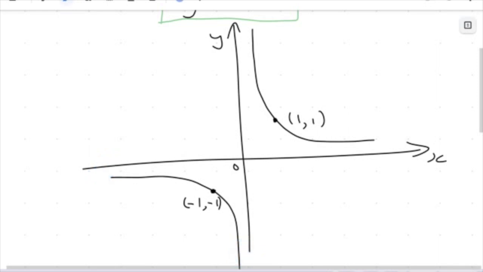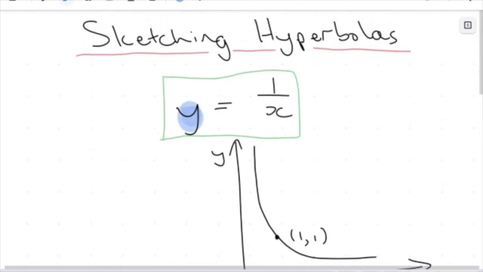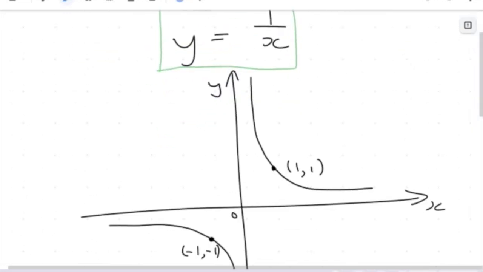We saw a really interesting relationship between the two variables y and x, giving this kind of bizarre shape. As x gets really big, y gets smaller. As x gets really small, y gets quite big quite quickly.